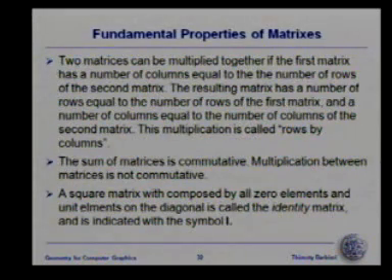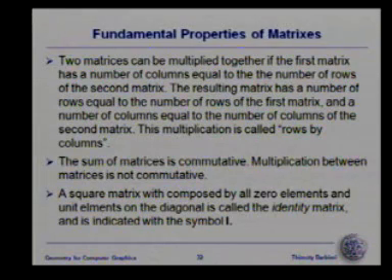You can multiply together two matrices, but the number of columns of the first matrix has to be equal to the number of rows of the second matrix. It's the famous multiplication rows by columns. The sum of matrices is commutative. However, and this is extremely important in our case, multiplication between matrices is not commutative.